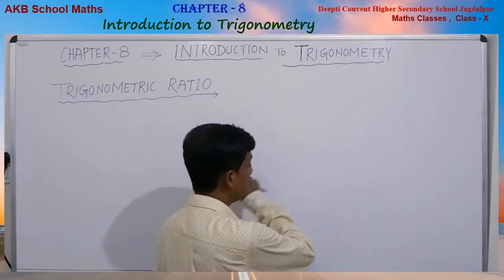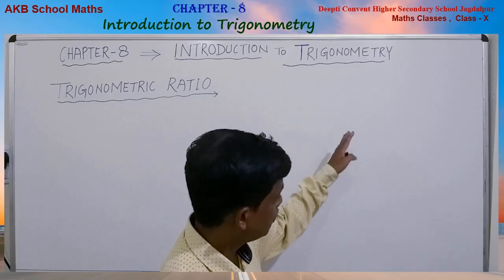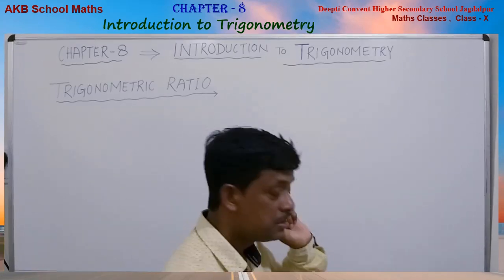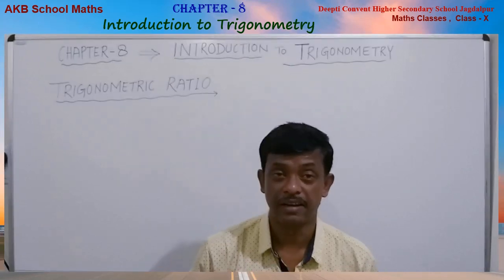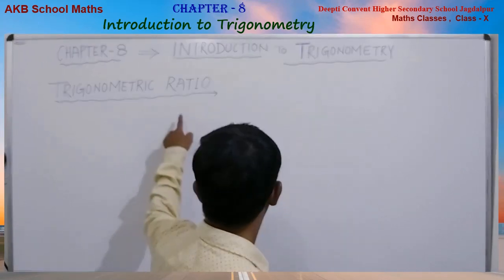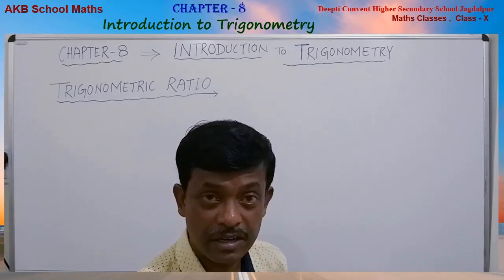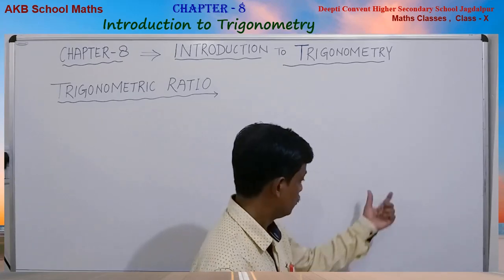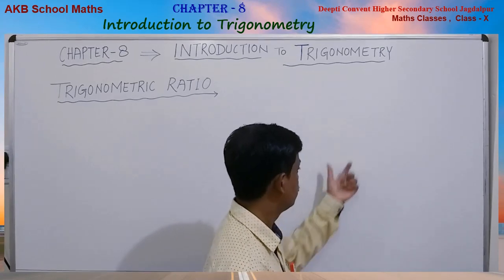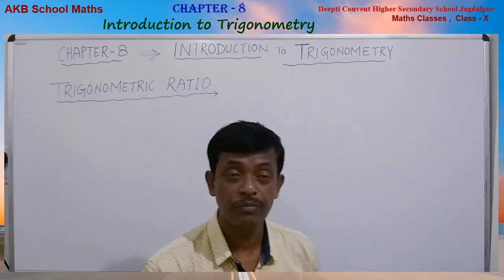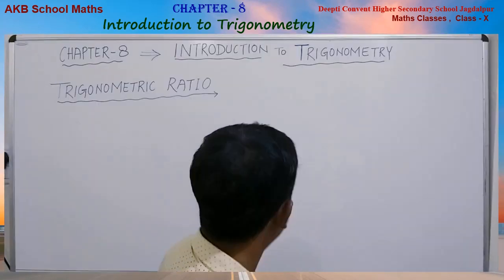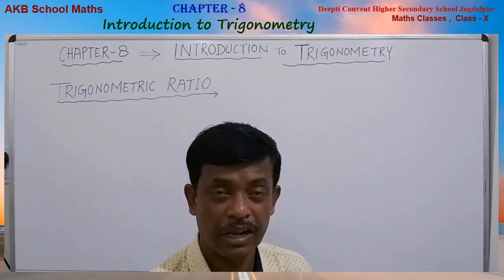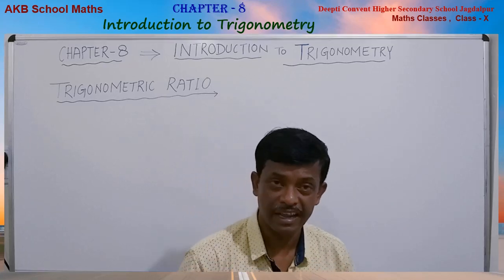So we can define, for a particular acute angle, some ratios by taking sides of the triangle. Because three sides are there, we take two of them. How many combinations will be formed? Three. So three basic ratios are defined, known as sine, cos and tan.